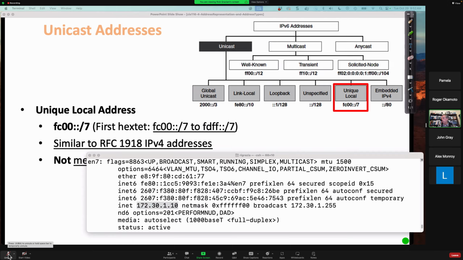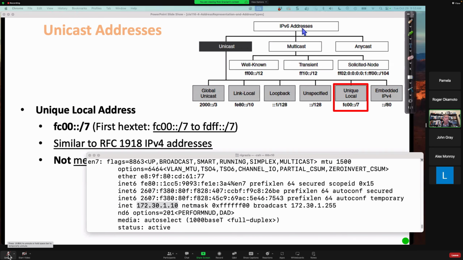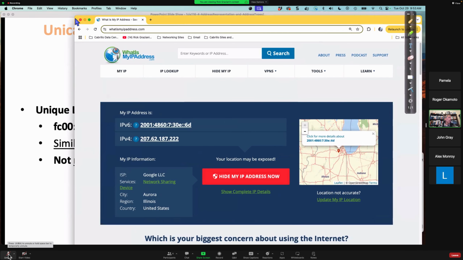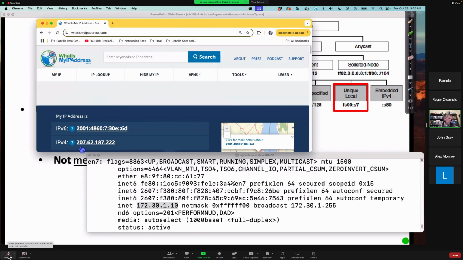Okay, what is my public IPv4 address? Here's my public IPv4 address. So this is getting translated to this as the source IP address going out, and coming in as the destination IP address, getting translated by the router using network address translation.